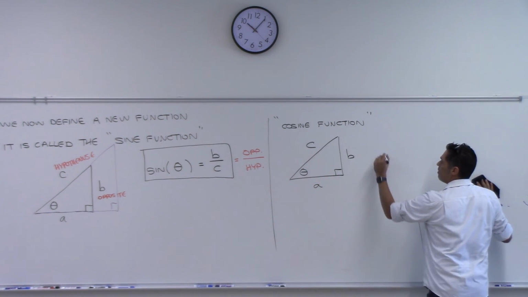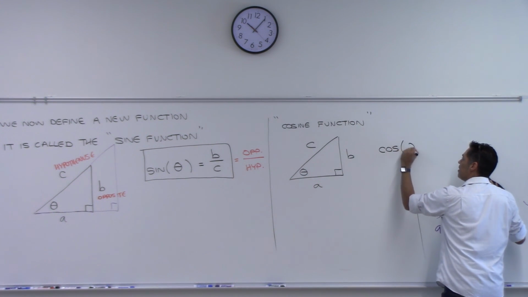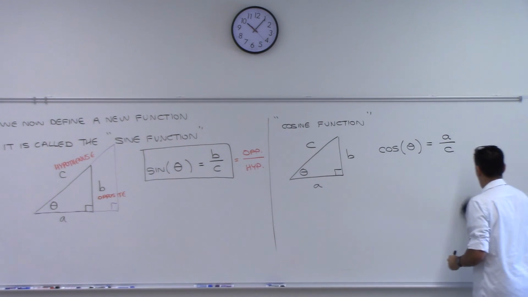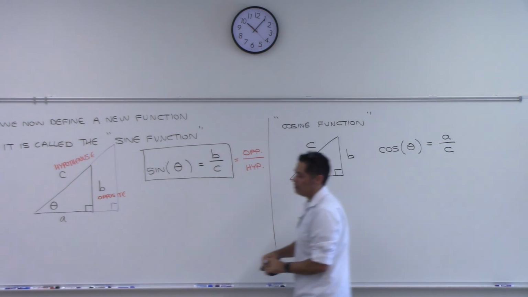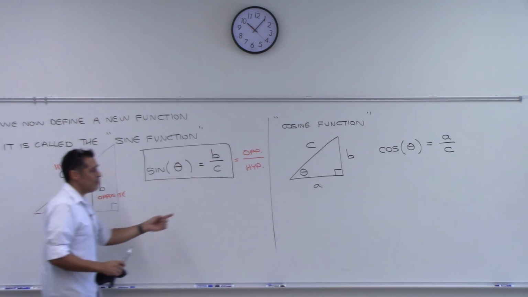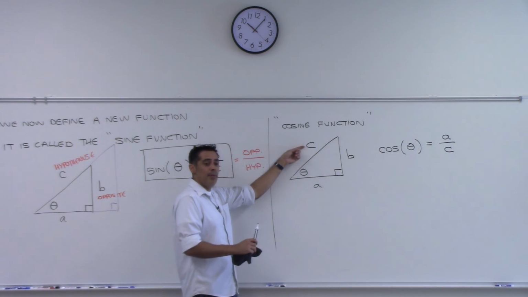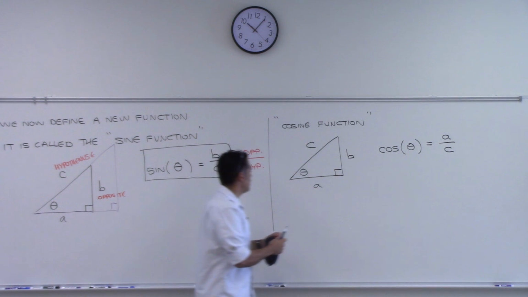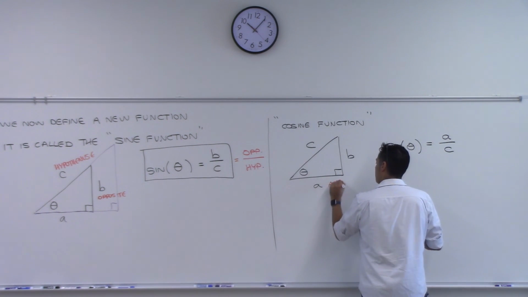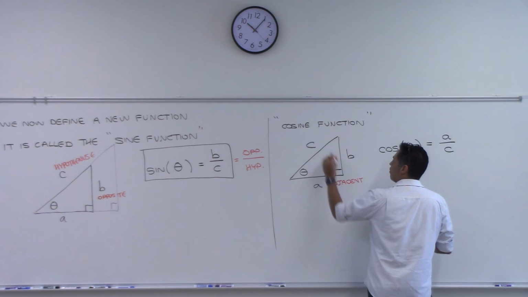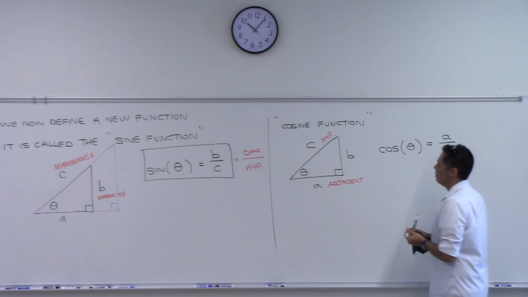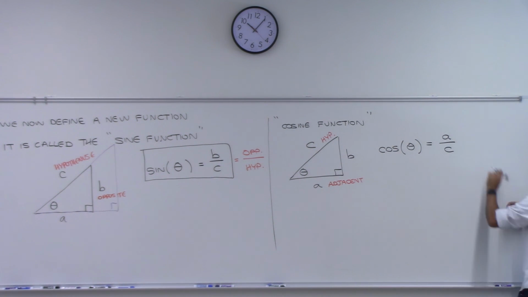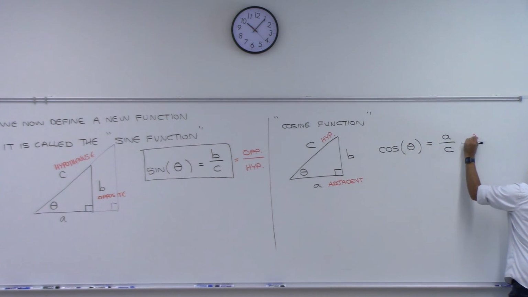By definition, the way we write it is cos of theta, and this is going to be A over C. So you're taking the side right next to the angle down here, and you're dividing it by the hypotenuse. The side that's right next to theta, we call that the adjacent side. And of course, this is the hypotenuse. So another way you could look at this is that cosine of the angle is adjacent over hypotenuse. Any questions?